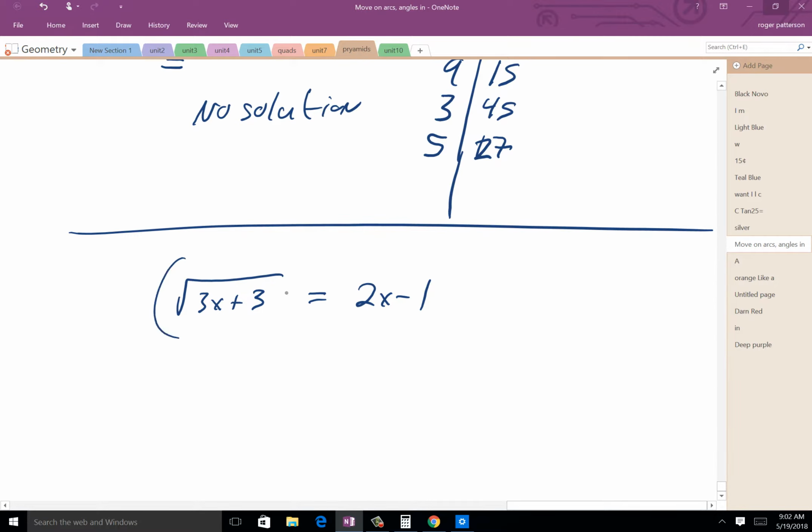Okay, let's try this one. So again, same idea. We're going to square both sides. The ones you're going to get are all going to factor out pretty nicely.